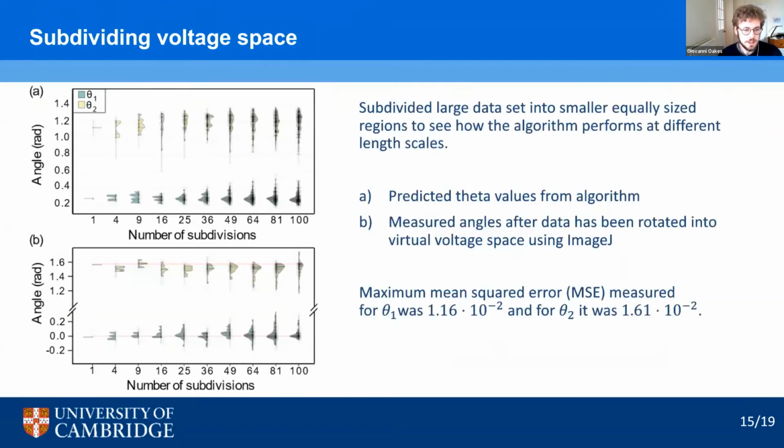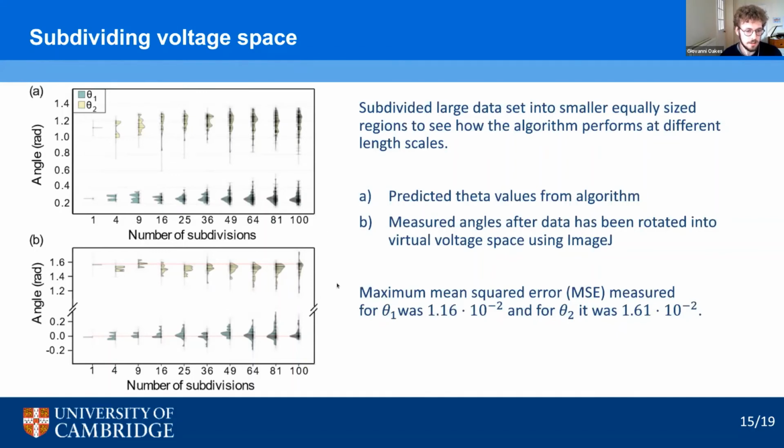So then we did some statistical analysis where we subdivided the large experimental data set I've shown you into smaller and smaller equal-sized regions, and then allowed the model to predict the angles that it thinks are present. So here's the distribution of the angles.